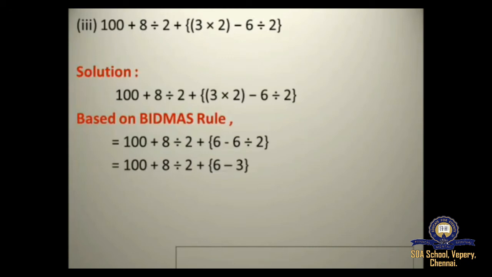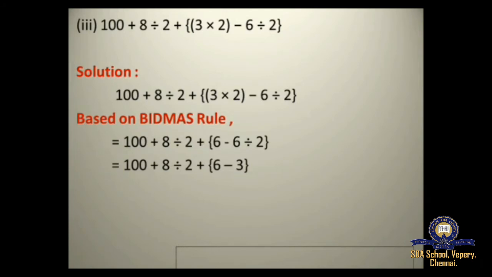Since inside the bracket there are 2 operations, can you see? Inside the flower braces you have minus and division, so you're going to apply the next operation, that is BIDMAS. Here there is no indices, so you'll be applying the division first. So 6 divided by 2, you'll get 3. So now you have only one operation to solve.